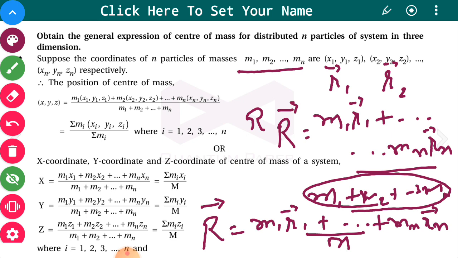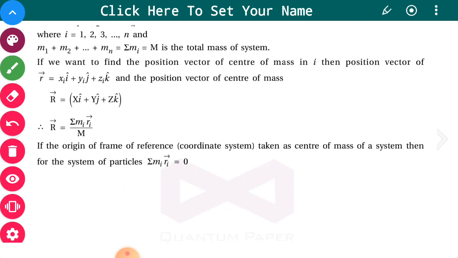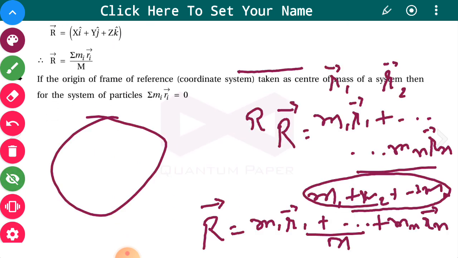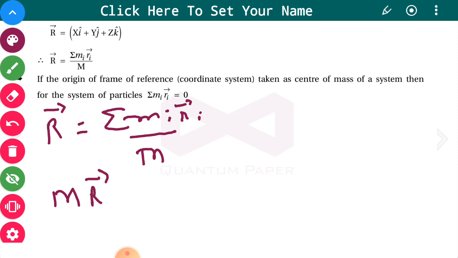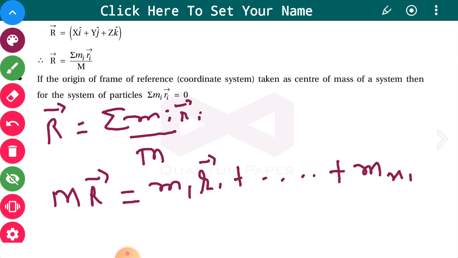Okay, this we have understood, and this can be explained in this way: x component, y component and z component. Here the position vector of center of mass is equal to sigma mi ri upon the total mass, or we can say M r is equal to m1 r1 plus up to plus mn rn.